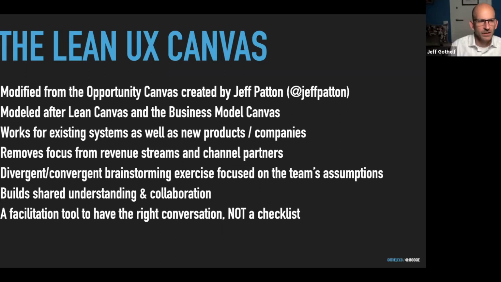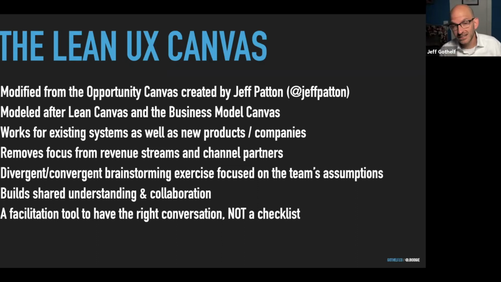And the goal is to help you very explicitly facilitate a series of divergent and convergent brainstorming exercises to extract the team's assumptions out of their heads. So if we're working with product, design and engineering, even if it's people that we've worked with for a very long time, we're going to make the assumption that they all think the same thing.